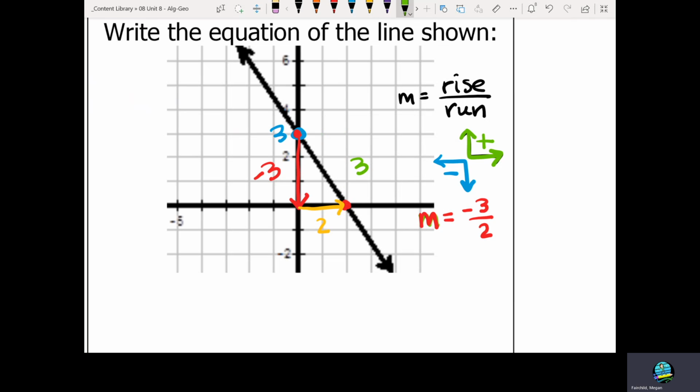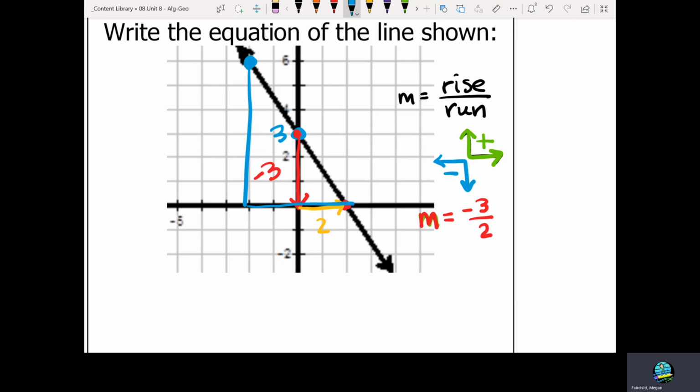Please do not count slope from a point that you're not sure is on the grid lines. If I take a point up here and I count all the way from that point to this point, because that's the only way I can see where it touches the line, I will still get the same answer.